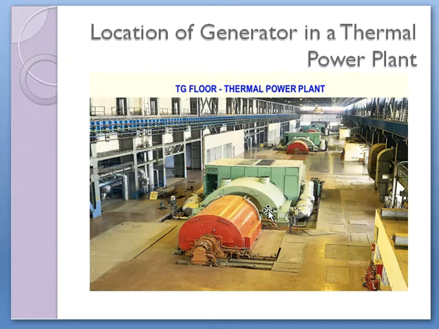Together it is called the TG floor. The generator has the turbine on one end, that is the input side, and the exciter, the excitation system, on the other side. The control rooms are also located on this floor.